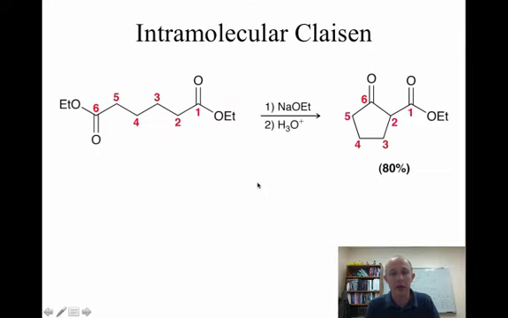We can also do intramolecular Claisen reactions, just like we did intramolecular aldol reactions, keeping in mind, right, that this position is going to get deprotonated, so we're going to have to add acid in the last step in order to neutralize that compound.